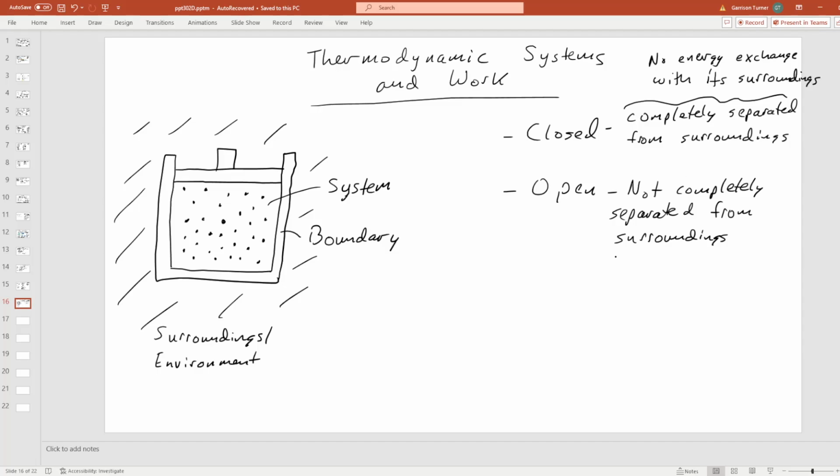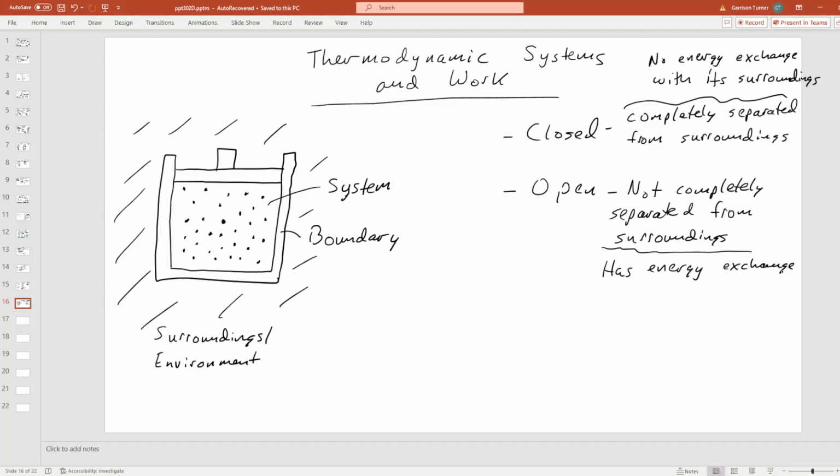Whereas an open system has energy exchange. So if your system is open and your environment and your system are at two different temperatures, there will be thermal exchange between them. There will be heat exchanged between the system and the environment.